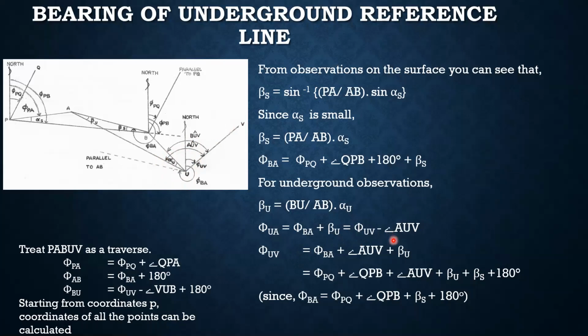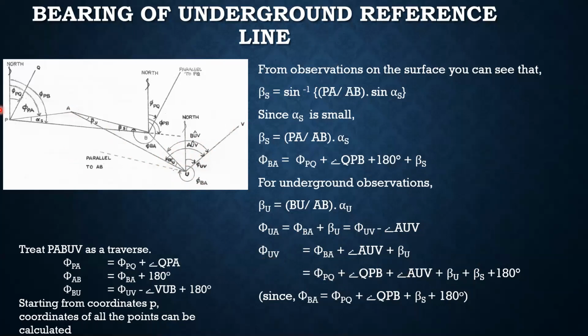So with this, you can find the bearing of UV by simply moving this AUV to the other side, or by adding this AUV angle to this, right? So you can substitute for phi BA what you have obtained here, and you can find the bearing of phi UV.